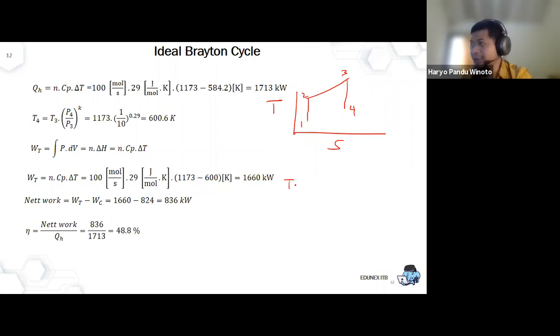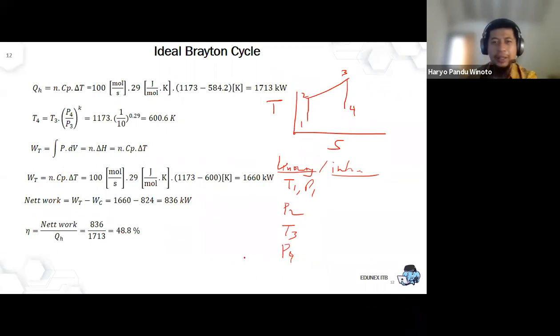You know T1, you know P1, because it's our atmospheric pressure, and you know P2. You know T3, and you know implicitly P4.